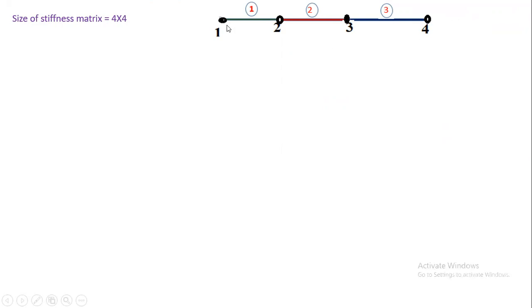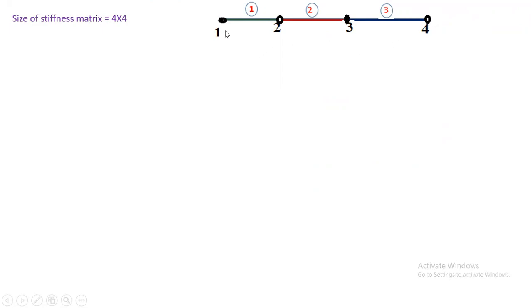That means here one element has 2 degrees of freedom. Okay, this degree of freedom is common between element number 1 and 2. So for this node we have 1 degree of freedom, for this node we have 1 degree of freedom, for this node we have 1 degree of freedom, and at node number 4 we have 1 degree of freedom. That means total degrees of freedom are 4.